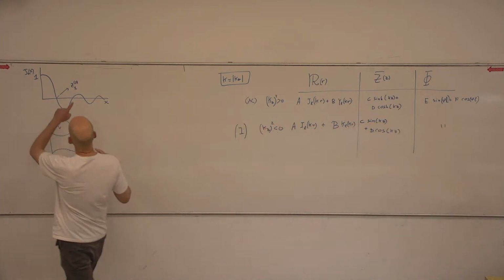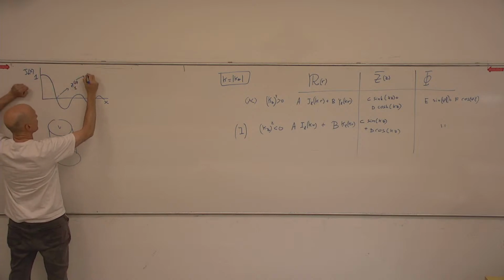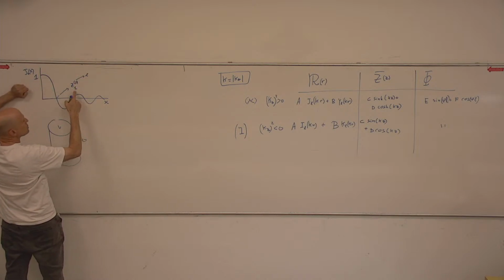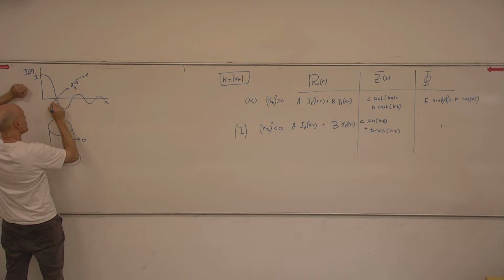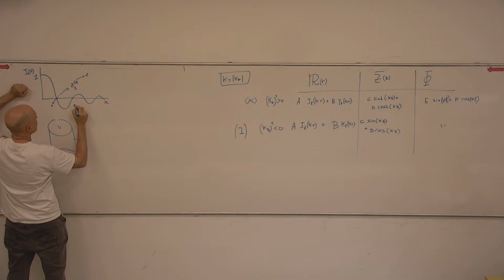This index 0 is actually in general L. And what is this index 1? This is the first zero. So here what do I have? This is another zero, that will be the zero of the Bessel function of L equals 0, 2.